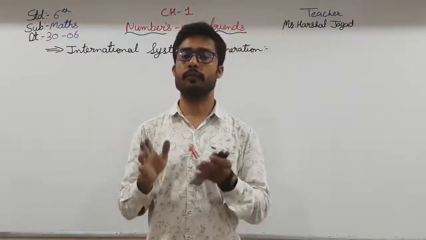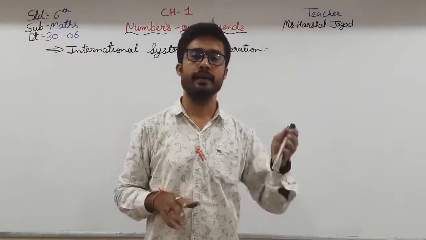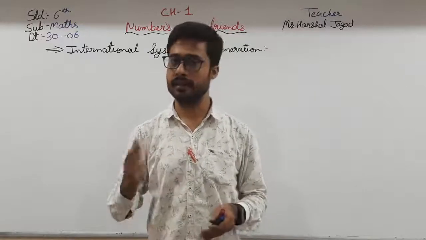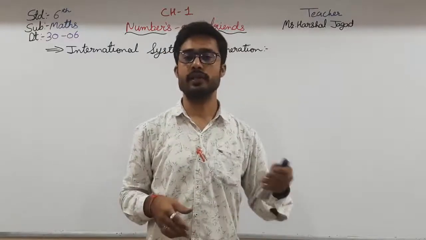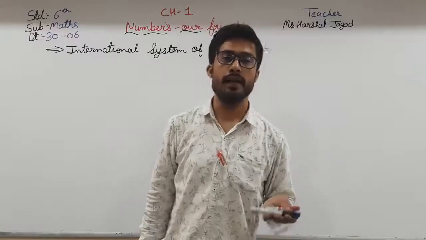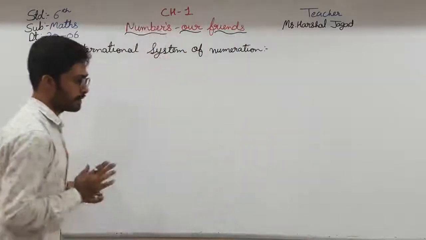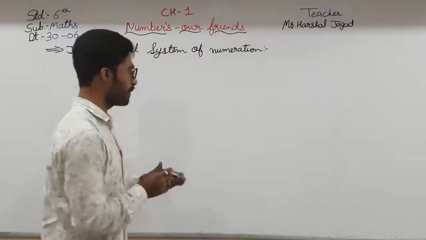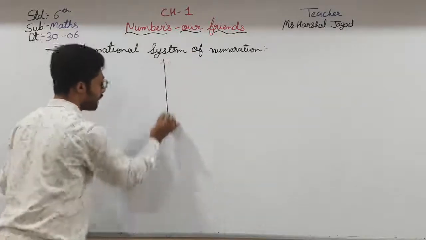You all know about the Indian system of numeration and the international system of numeration, which you have just studied in the previous class, that was class 5. In that it was categorized. How? See here, I am just putting and comparing this book.